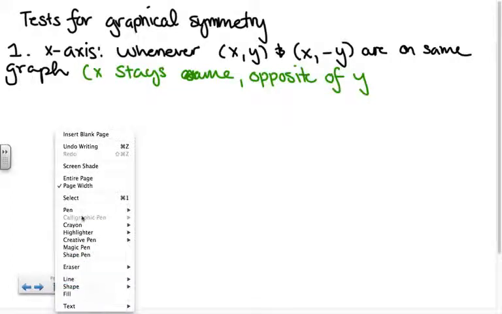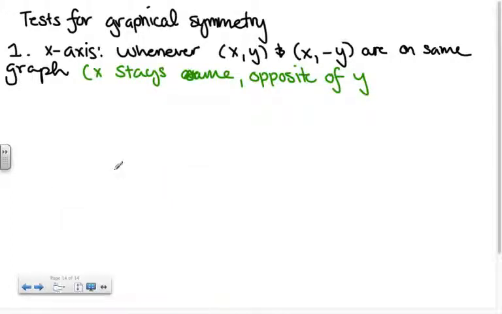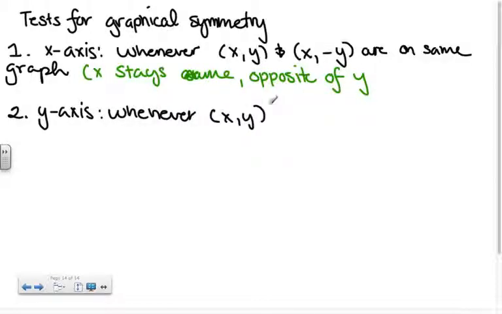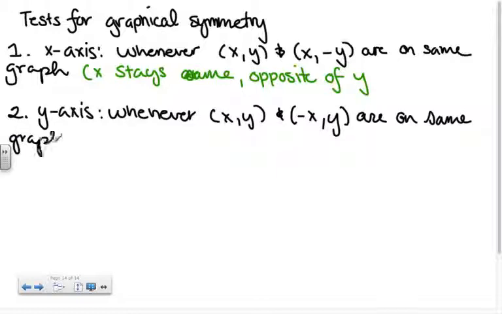And then for y-axis symmetry, it's whenever we have (x, y) and the opposite of x, and y stays the same. So don't get them confused.